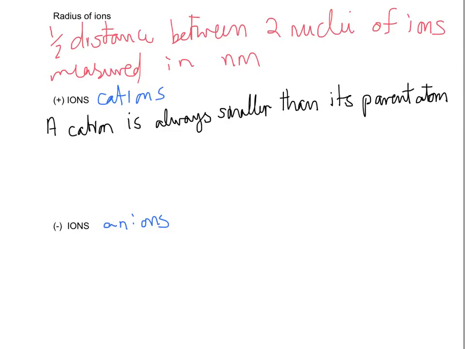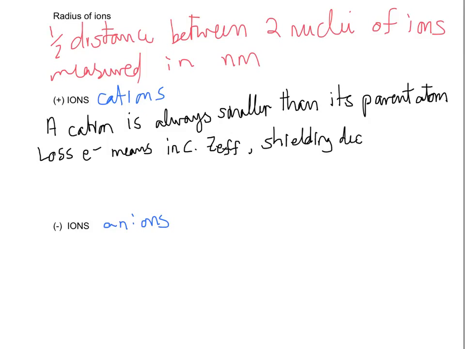So let's explain that. Loss of electrons means an increase in Zeff, or effective nuclear charge. Your shielding would decrease because you have fewer electrons to repel each other. And your proton to electron ratio increases.